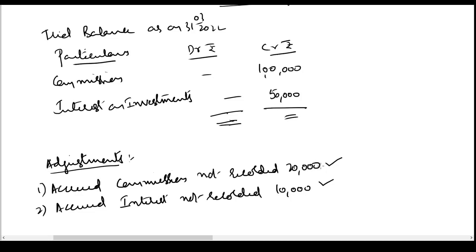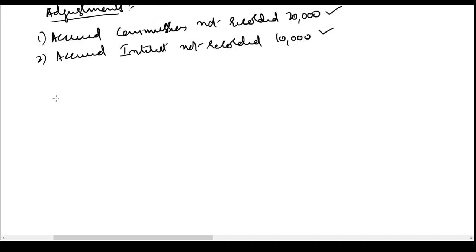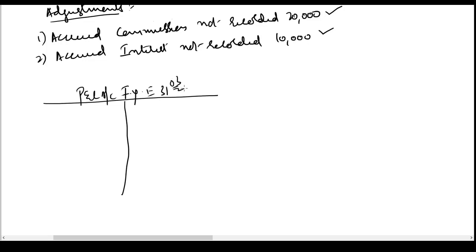So how do we solve this problem? It is very simple. Let us prepare the relevant final accounts. The P&L account for year ended 31st March 22.